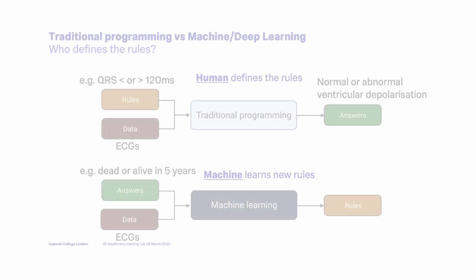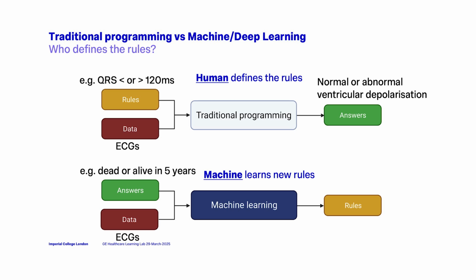So what is the difference between traditional programming and deep learning, which is what we talk about in terms of AI ECG? It comes down to who defines the rules. In traditional programming, the human defines the rules. So we as humans have learned things over the last 100 years, and we tell the program what to look for.